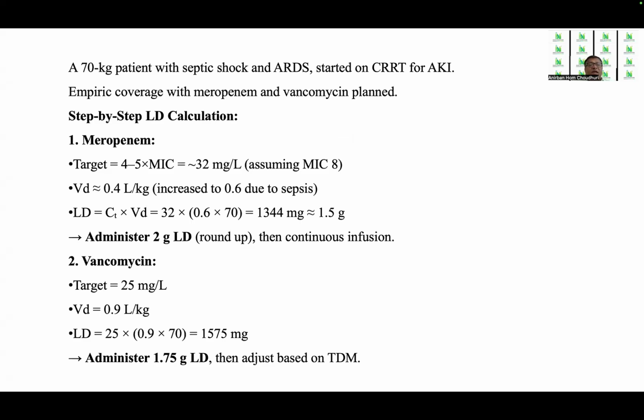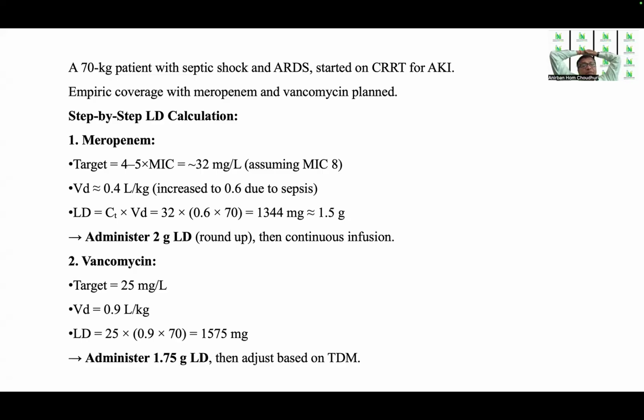Let us see a step-by-step calculation in a 70 kg patient with septic shock and ARDS started on CRRT for AKI. The empiric coverage with meropenem and vancomycin is planned. With vancomycin, we know that we have to keep a target of 4 to 5 times the MIC to maintain its time-dependent action, so that at least 60% of the time between the intervals, it remains above the MIC.